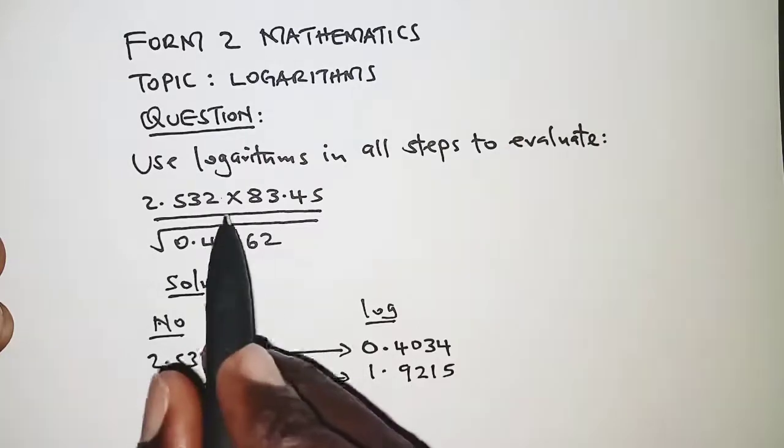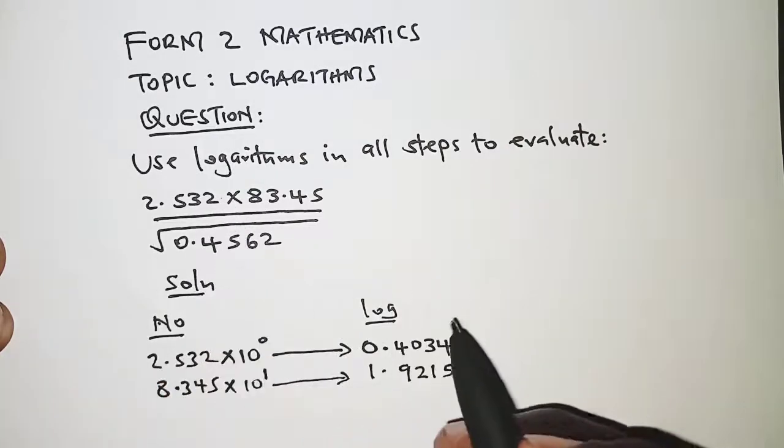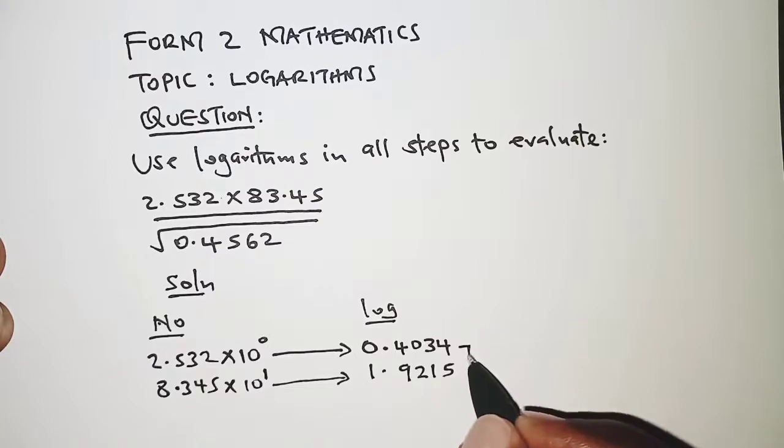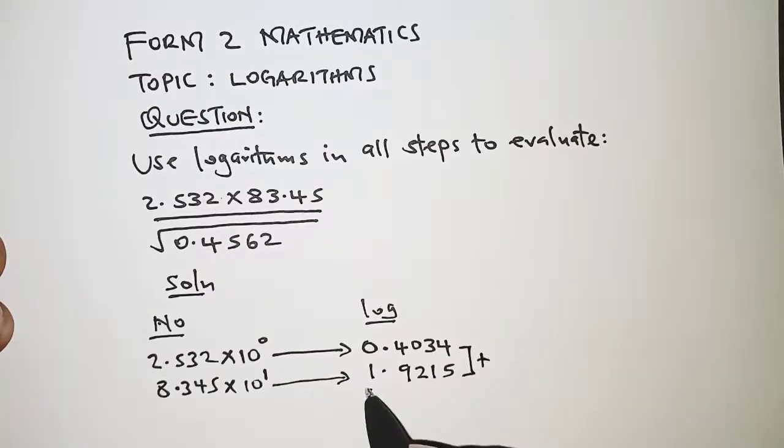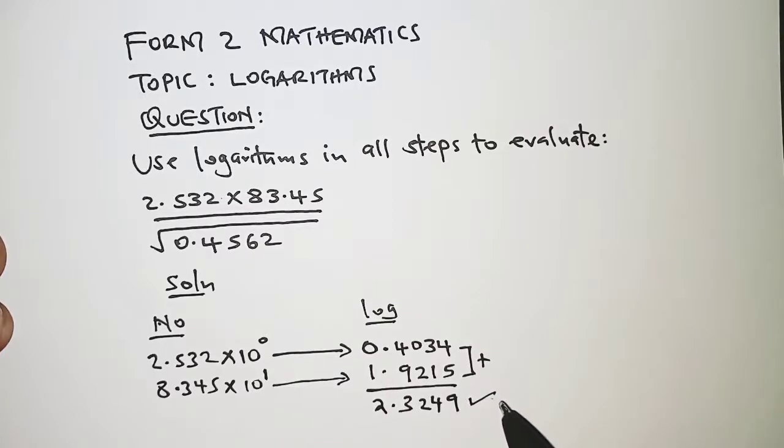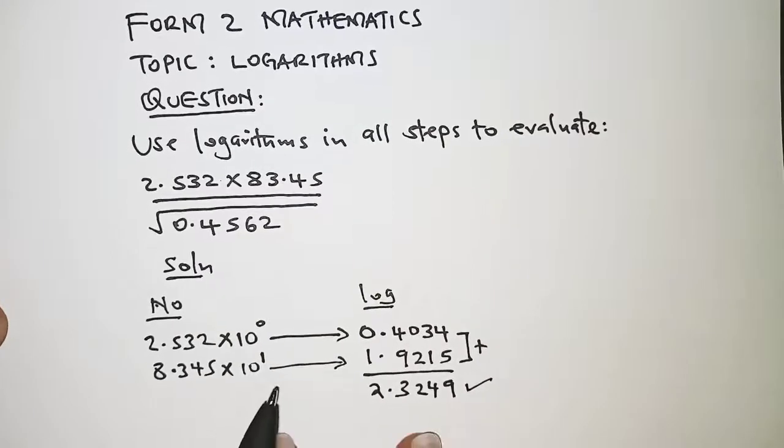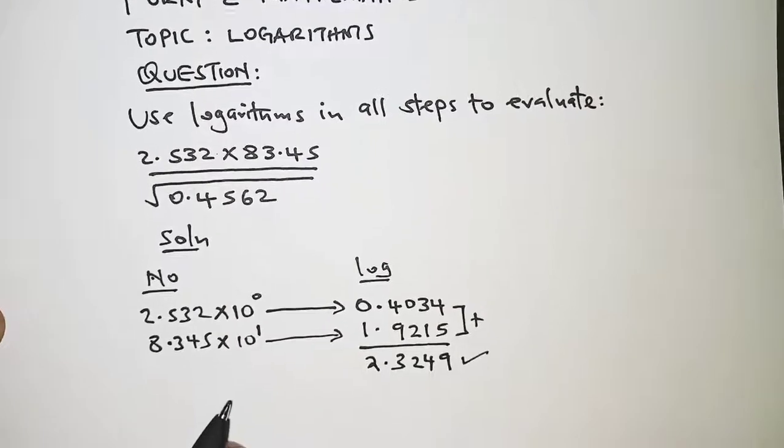So on the numerator it's multiplication, and by the laws of logarithm we add, so that we'll have 94232. So this is the result for the numerator. Next we move to the denominator.